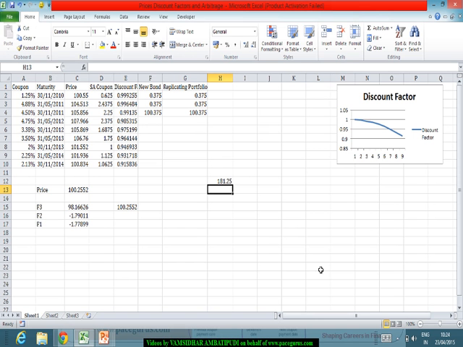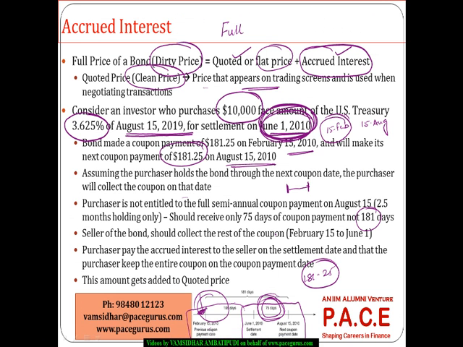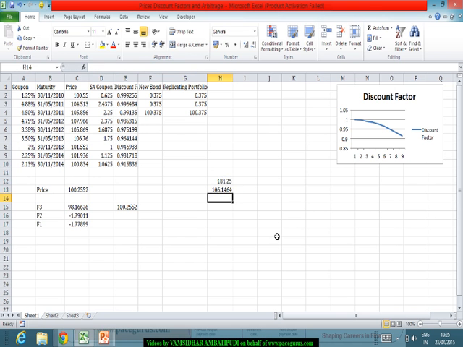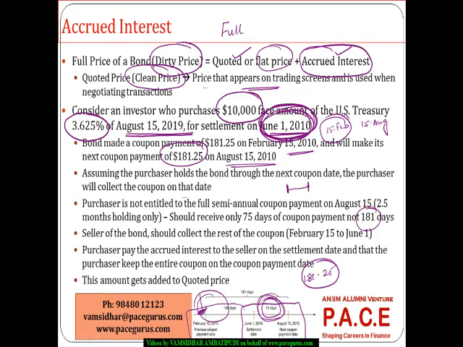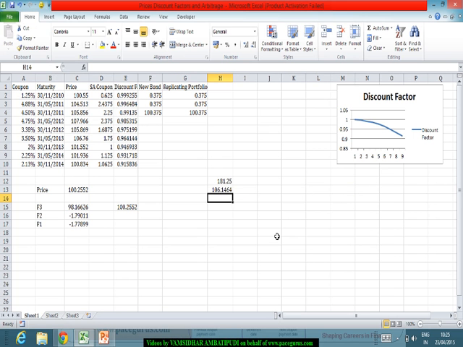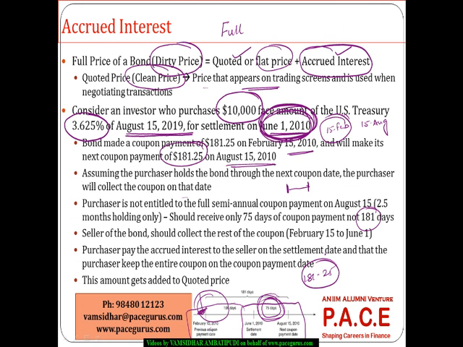So 106 days out of 181 days belong to the seller. Which means $106.15 out of that 181.25 actually belongs to the seller, not to me who is purchasing it. Only the remaining amount belongs to me, to the extent of some 75.1.